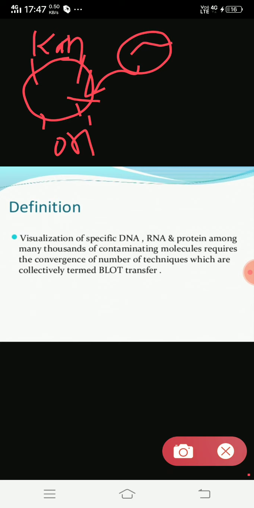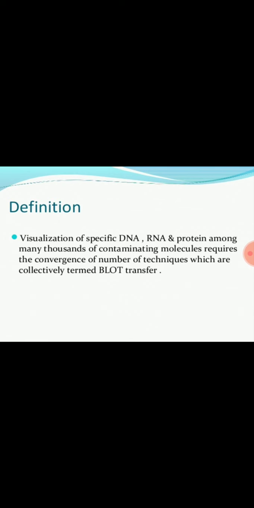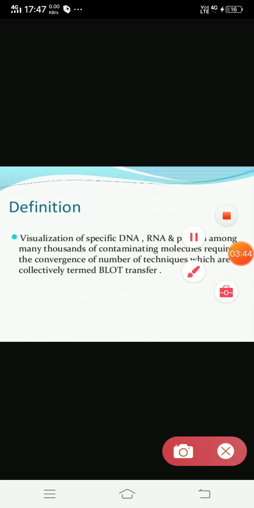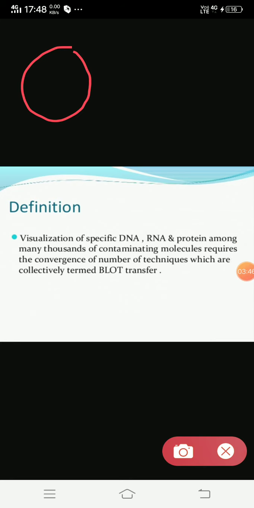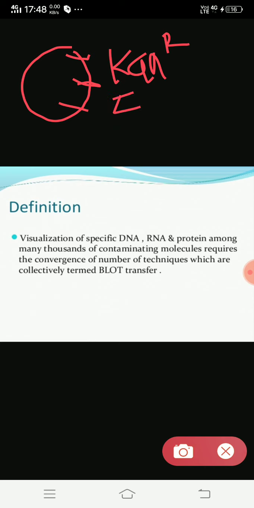Kanamycin is one type of antibiotic, and these antibiotic resistant genes are usually present on the vector. Suppose within this kanamycin resistant gene, there is one restriction site, a site of EcoR1.